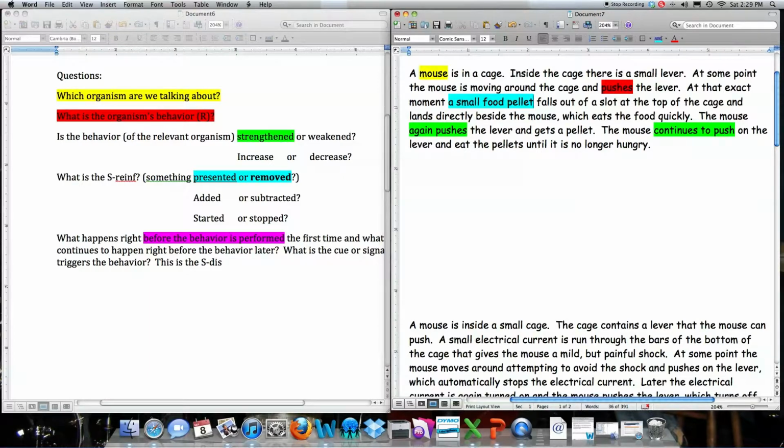In this case, I would say probably our lever here. That's our discriminative stimulus. That's what the mouse sees, it pushes, and from then on, it sees it, it pushes. So that's our discriminative stimulus.